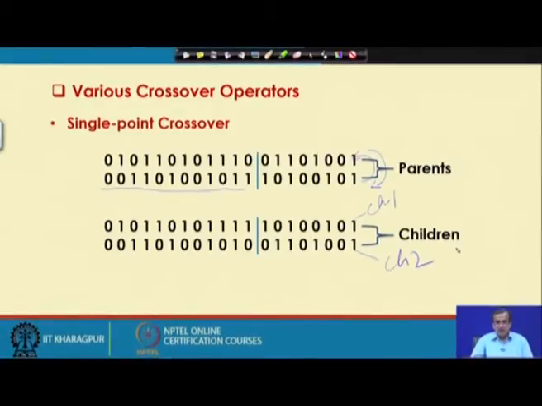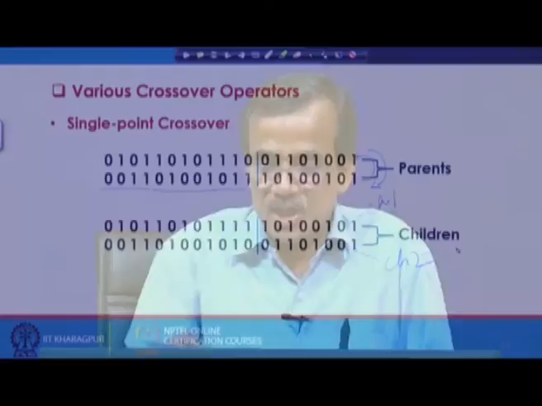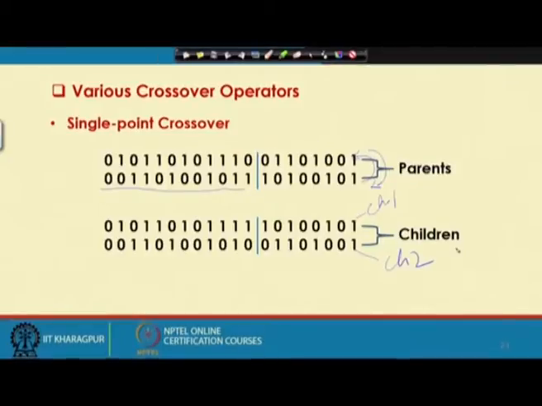Here I just want to mention that if I keep the right hand side of the crossover site intact and do the swapping on the left hand side, I will get the same children solutions. The only difference might be that child 1 becomes child 2 and so on, but I will get the same set of two children.